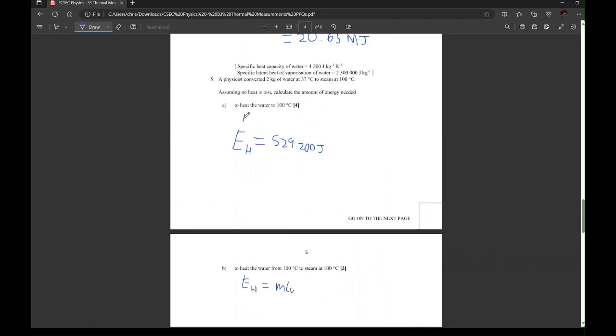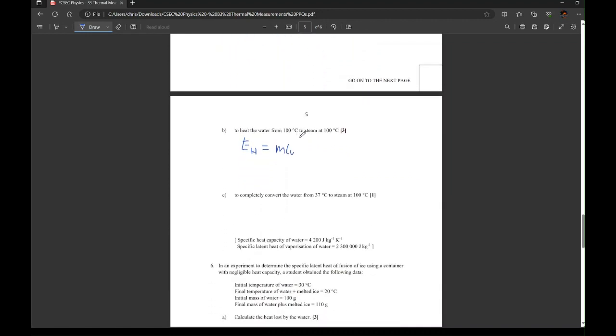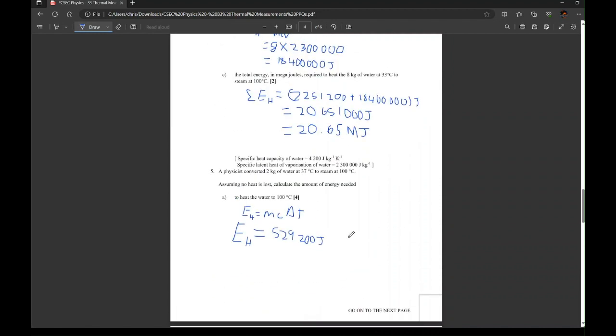Actually, I'm just going to write the formula as well, just so we all know what formula to use, but I won't be doing the actual algebra and arithmetic to work these out. Okay, so that's going to give us again same mass, but times the latent heat of vaporization constant down here, which they gave us as 2.3 million this time.